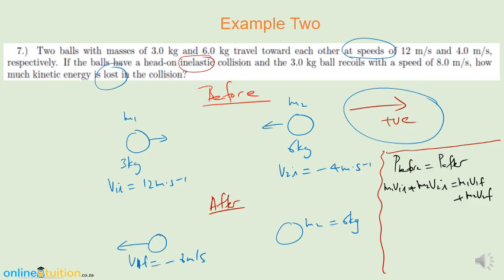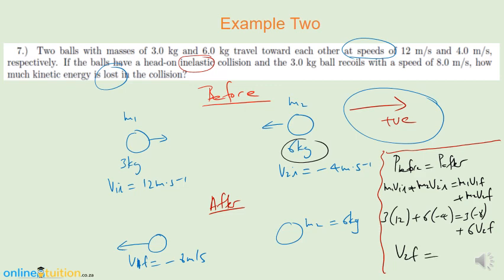So 3 moving at 12 plus 6 moving at minus 4 equals 3 kgs times minus 8 plus 6 times V2F. That's 36 minus 24. Is that right? 36 minus 24 gives me 12. 3 times 8 is 24, goes on the other side, becomes 36.